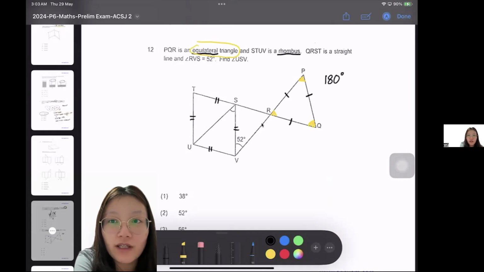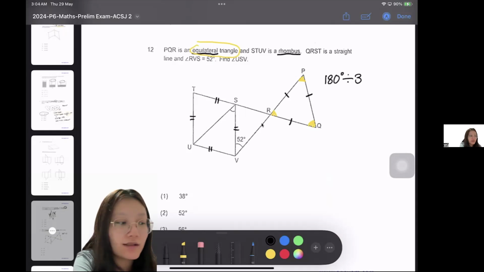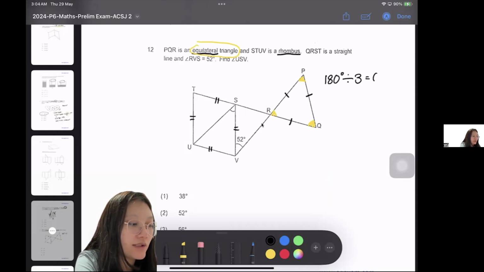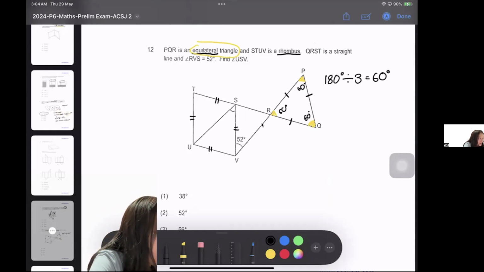So what do you do to find the angles if they're all the same? You take 180 divided by 3, because all those 3 angles are the same, right? That gives you 60 degrees each. So 60 here, 60 here, 60 here.